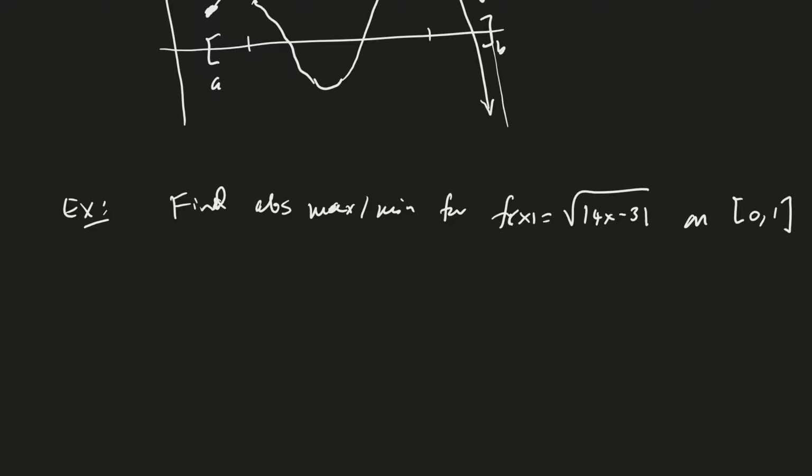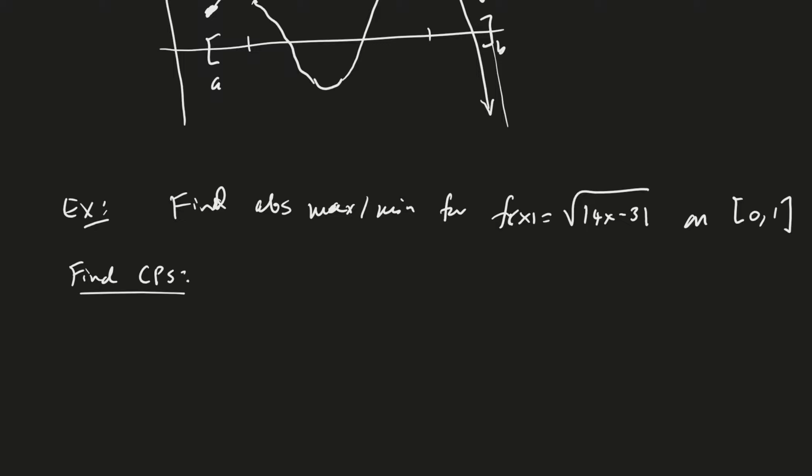So in order to find critical points, I'm going to need to differentiate this expression. And how do you differentiate absolute value? You should always rewrite the function to get rid of the absolute value bars first.